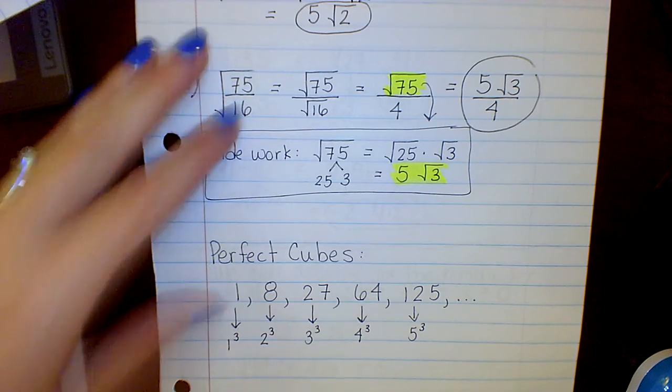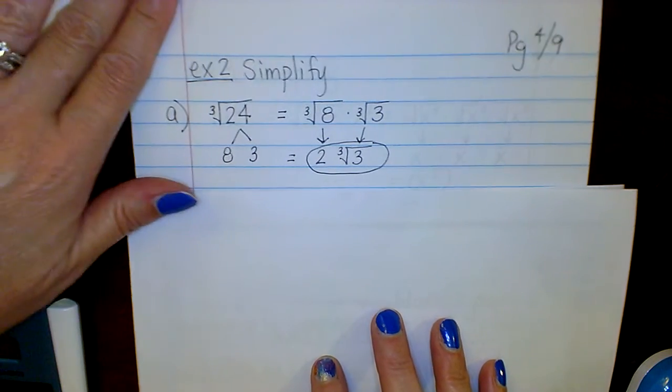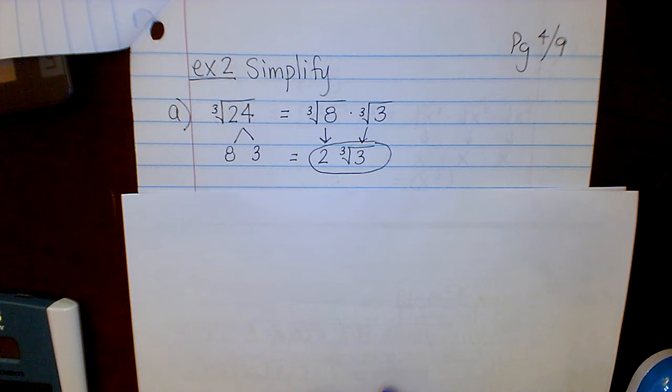Okay, moving on to the cubes. The perfect cubes are these numbers. They come as a result of 1 cubed, 2 cubed, 3 cubed, 4 cubed, 5 cubed, and so on. So just like with the square roots, we're going to simplify the cube roots in the same way.